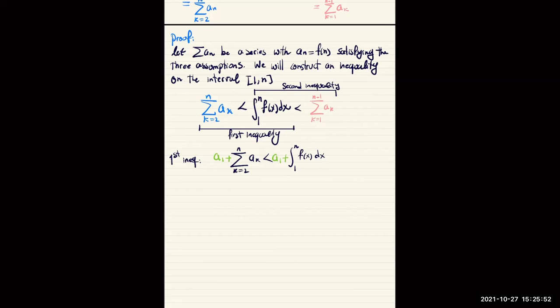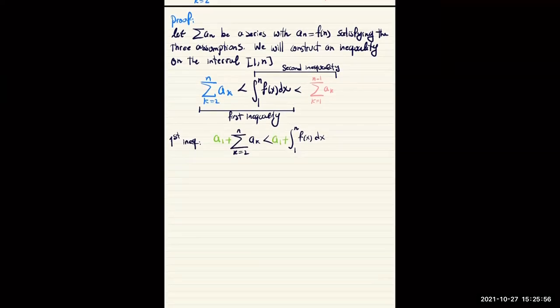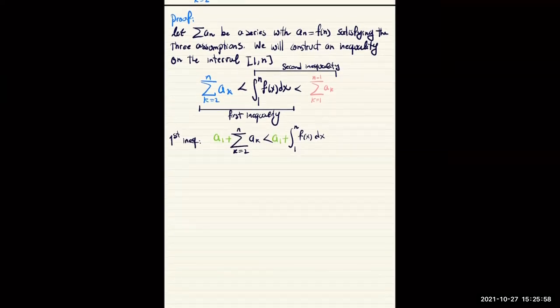So now this total you can write as the summation from k equals 1 to n of a sub k, and that's less than a1 plus the integral from 1 to n of the function.